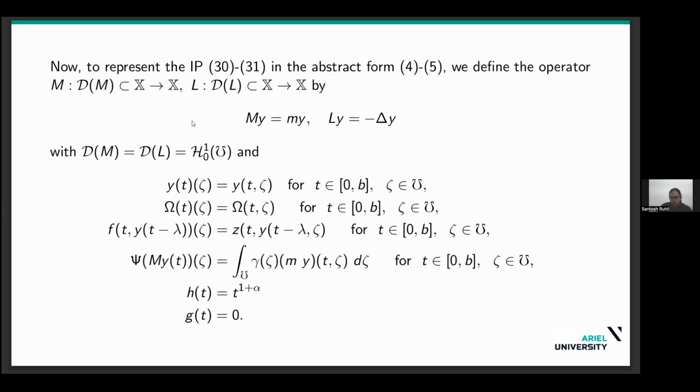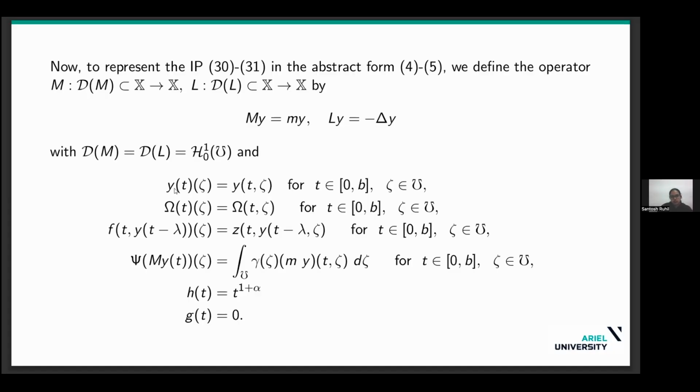So to represent our inverse problem for that partial differential equation in an abstract form, we have defined the following operators: M is given by My = m small times y, and L is given by minus Laplacian of y, with the domain of M and L given by the Sobolev space H^1_0(Omega).